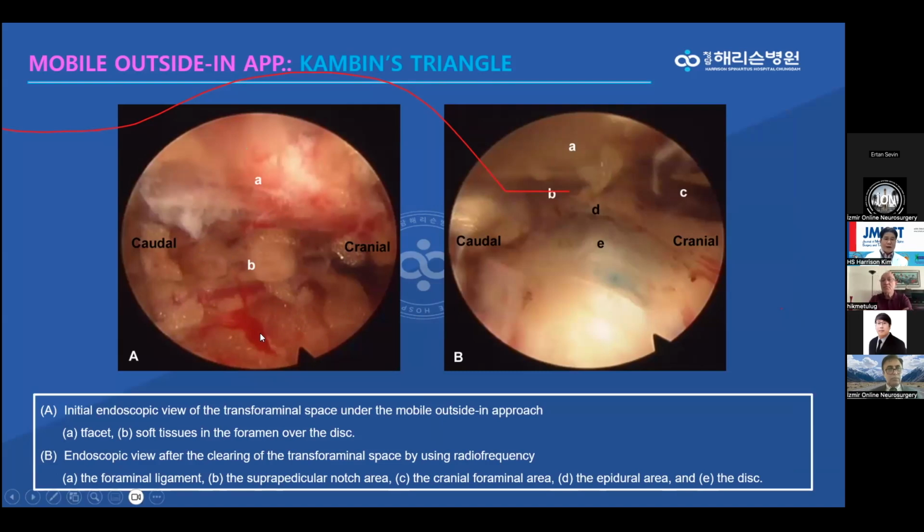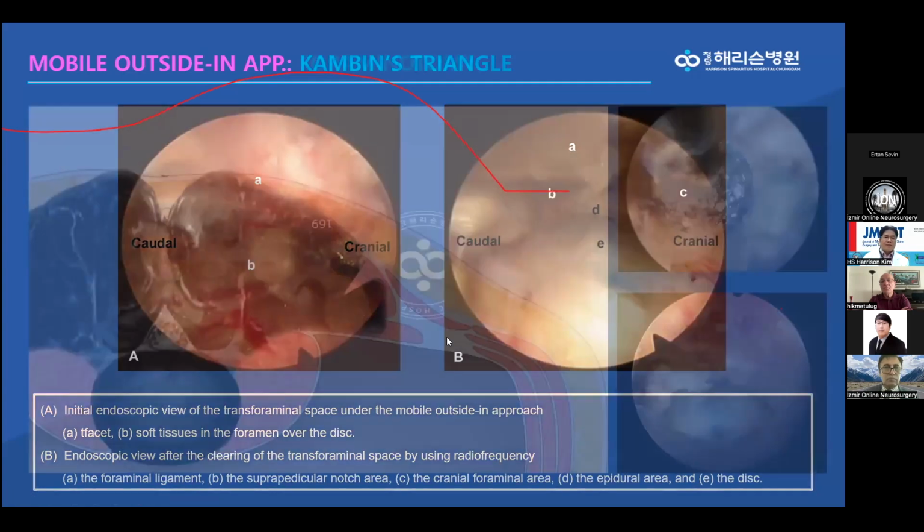You can see, after deeply docking the working channel at the Kambin triangle, this configuration of the foraminal ligament and fats. After clearing using radio frequency, you can see the disc, the epidural space, this foraminal area, and this pedicle area. Knowing this anatomy is very important in the mobile outside-in technique.